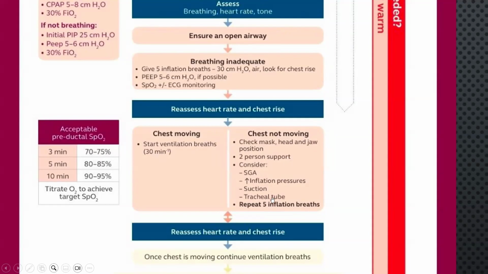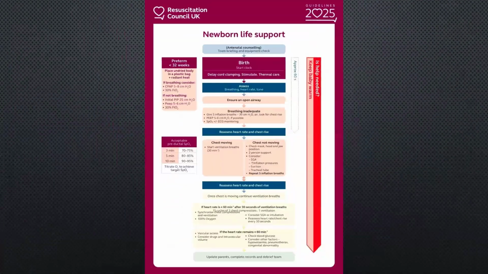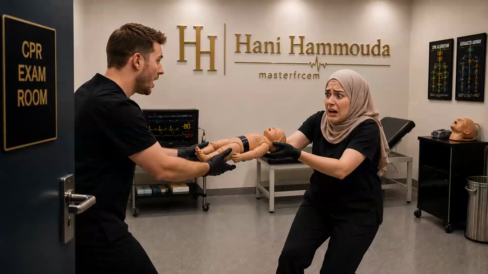So the supraglottic airway is the priority. Once you have a successful LMA, you can pass a tube through the LMA. Clear? Yes, sir.